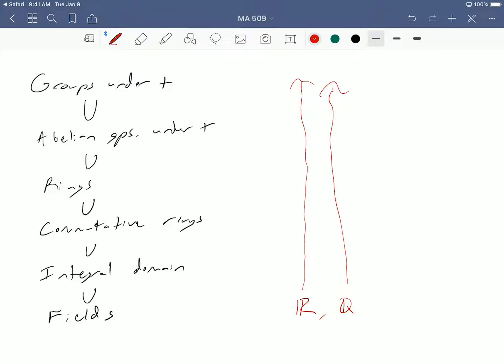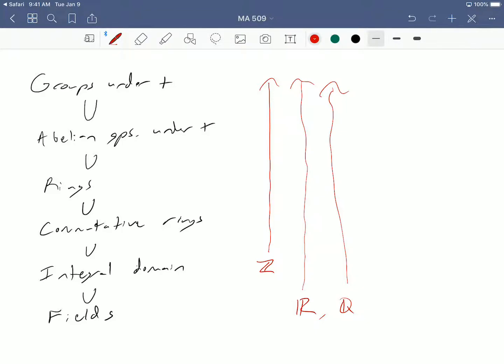So all the rest of those: real numbers and rational numbers are groups under addition. They are abelian groups under addition. They are all of those things. For an integral domain, the example we talked about above was integers. Integers are all of those things above. They're integral domains, and everything above. They are not fields. We don't have multiplicative inverses.